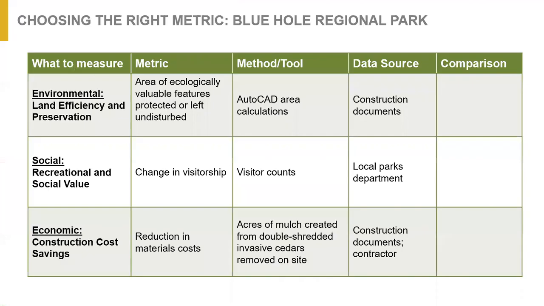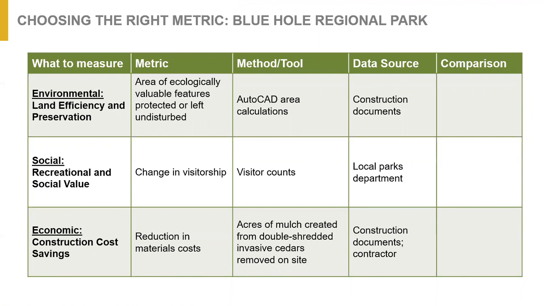So following through with our blue hole example, I've pulled out some methods and data sources to help us quantify these three benefits we're looking at. To measure the area of ecologically valuable features protected or left undisturbed, we could use AutoCAD area calculations, and look at construction documents as our data source. For change in visitorship, we could look at visitor counts, pretty straightforward. We could get that from the local parks department.